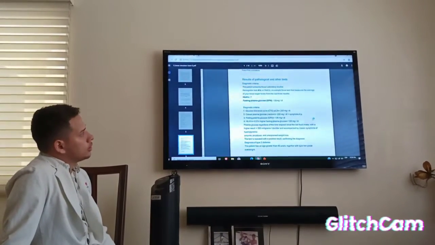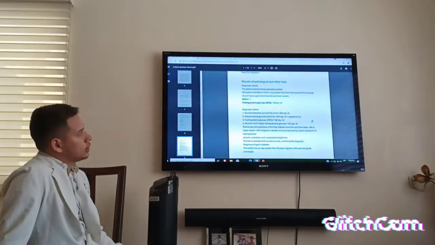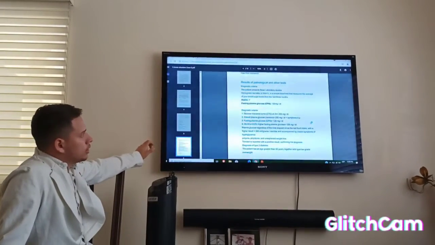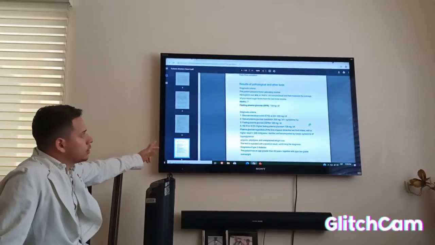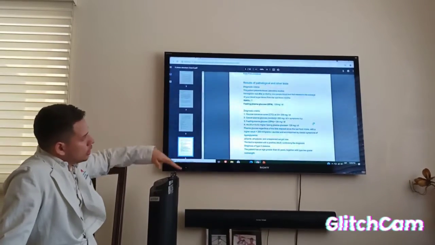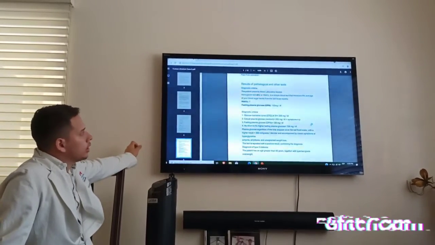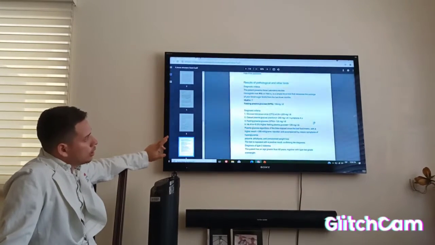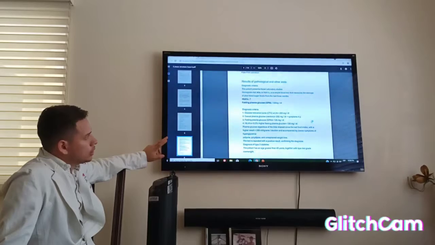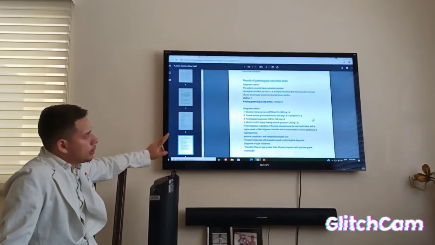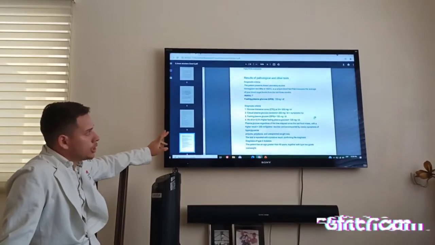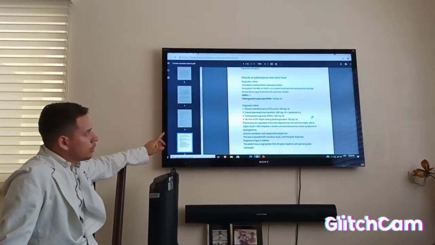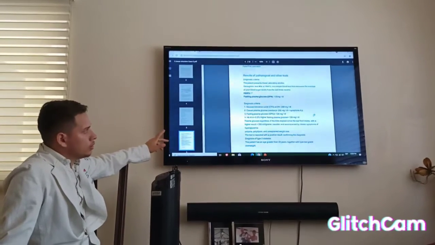Results of pathological and other tests. Diagnostic criteria. The patient presents these laboratory studies. Hemoglobin A1C, or HbA1c, is a simple blood test that measures the average blood sugar level from the last 3 months.